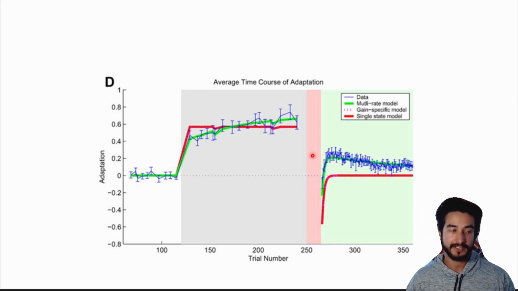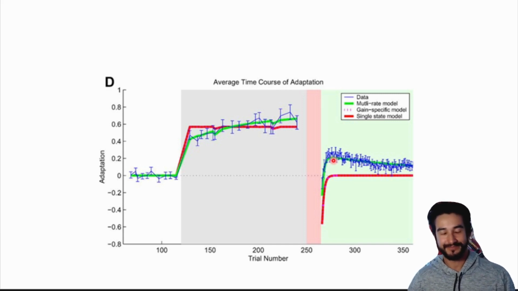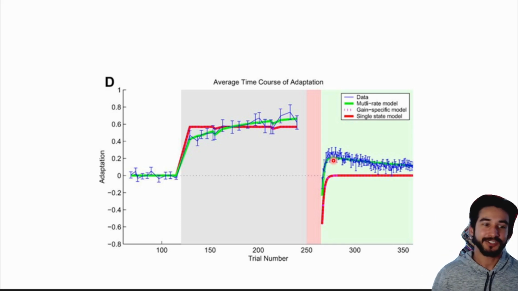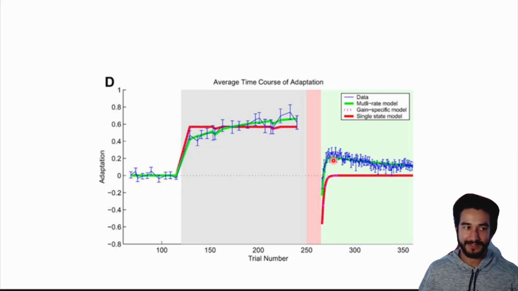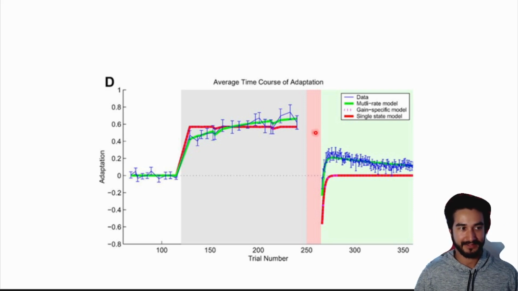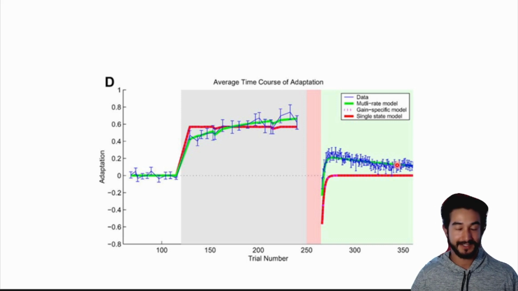The slow state, because it's a slow learner, is not going to be affected by this as much. And so that's why this leftover slow state is able to capture the data. Essentially, the slow state hasn't decayed from previous learning, and it also hasn't been affected as much by the de-adaptation trials. And so this leftover, or the savings, is reflected in the data and in the model.